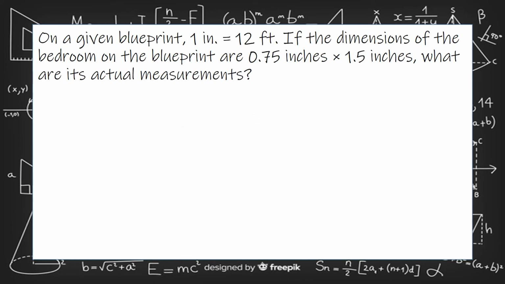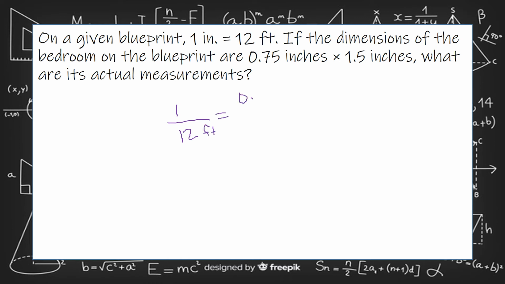On a given blueprint, 1 inch equals 12 feet. Okay, and the dimensions of a bedroom on the blueprint are 75 hundredths of an inch by 1.5 inches. What are its actual measurements?